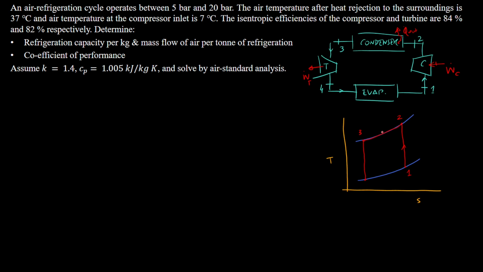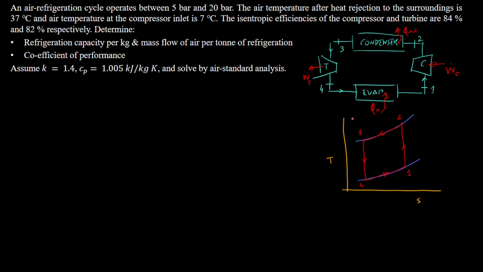So it's important to indicate the arrows as well here. And then process 4 to 1 is going to be across the evaporator, where we will have Q dot in or Q dot refrigeration over here, or refrigeration capacity. So 4 to 1 is going to be on this pressure line.